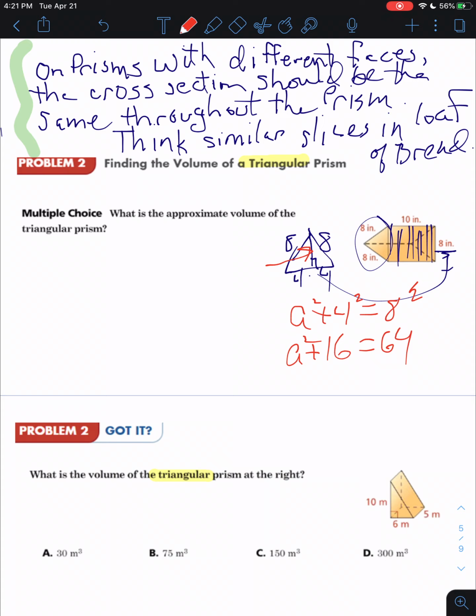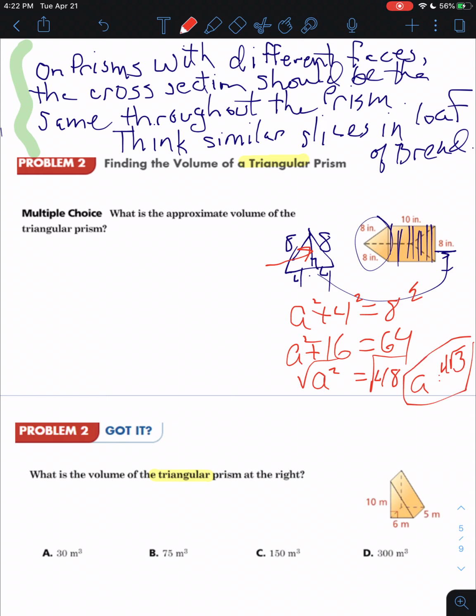If I subtracted the 16 from both of them, I would get 48 is a squared. And a is the square root of 48. Okay, and that's the square root of 3 times the square root of 16, and 16 would be 4, so 4 rad 3. So a is 4 rad 3.